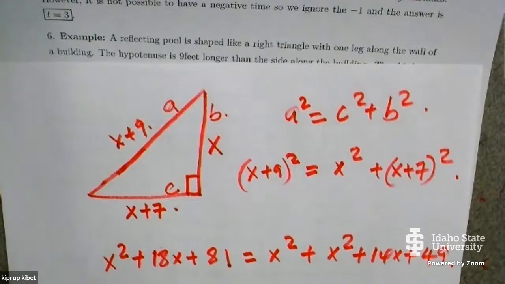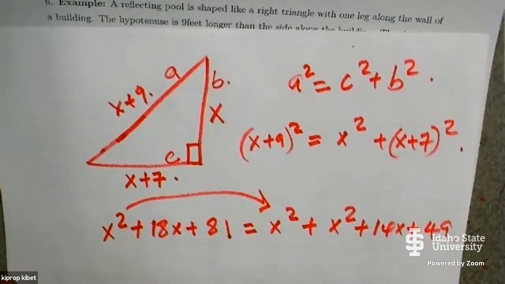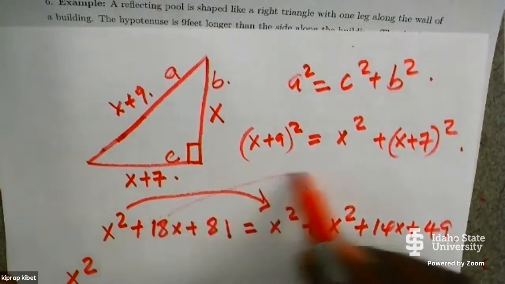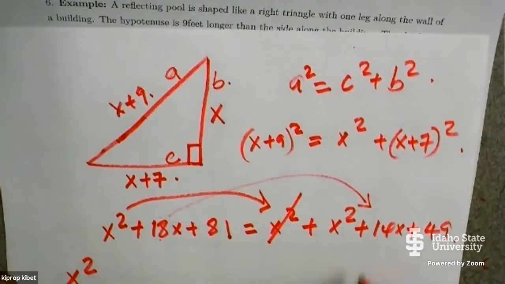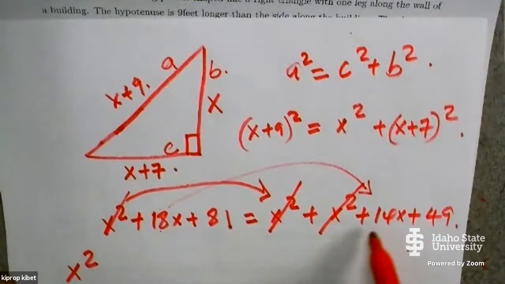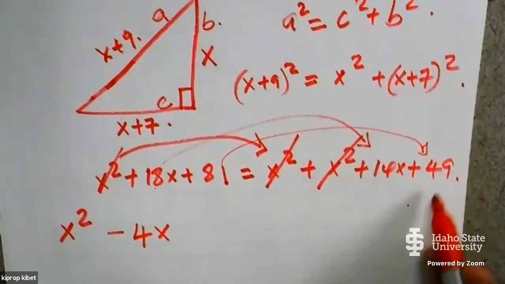We can take it to the other side, so it will subtract one of them, and we remain with x squared. 18x we take to the other side and subtract, so 14x minus 18x, you get negative 4x. 81, we take it to the other side, so 49 minus 81.